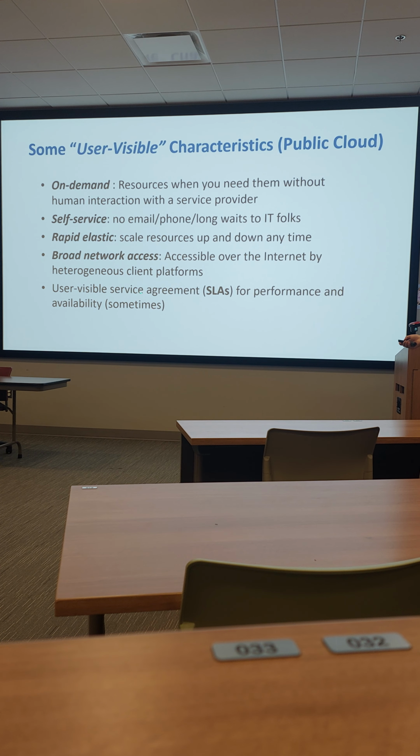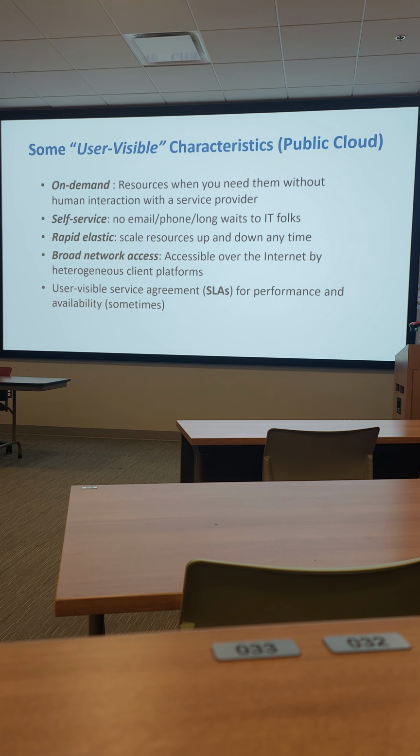And also, user visible SLAs are there, in terms of performance, availability, and also SLAs in terms of payment as well. If I use this much, I'm going to pay this much. They meter usage, and as a user, you believe what they say, and that's what we pay.